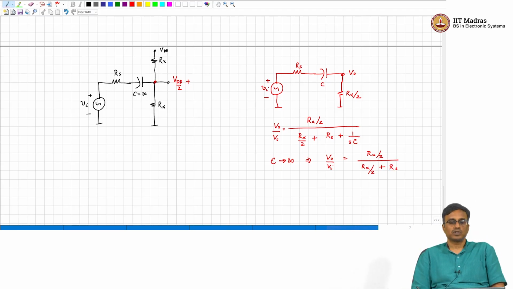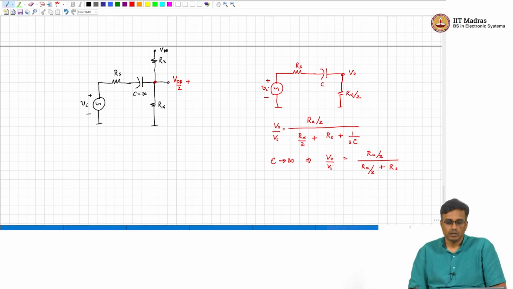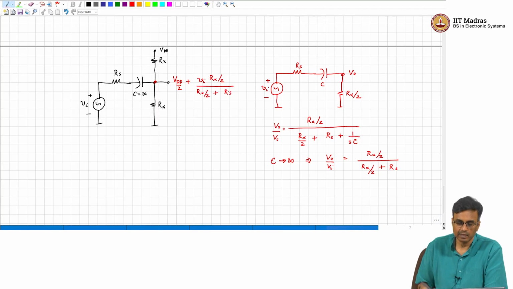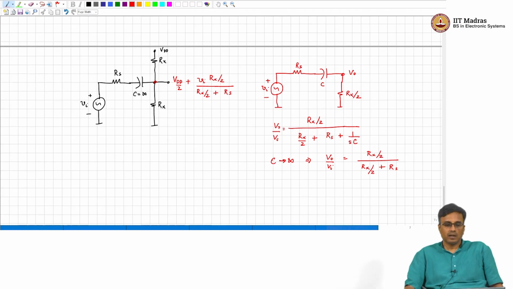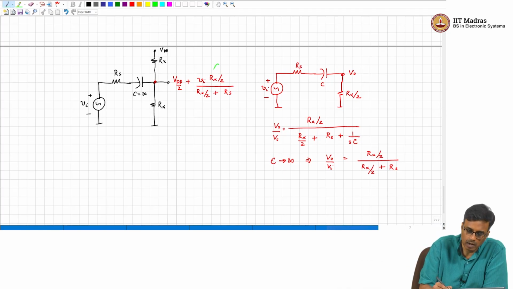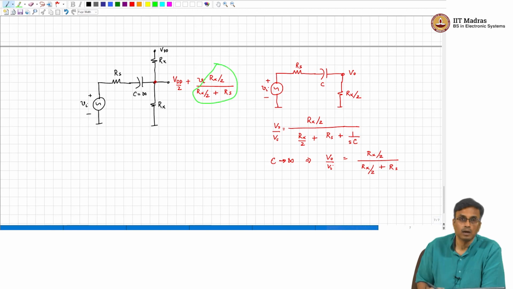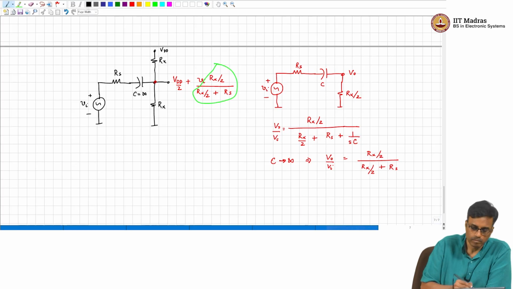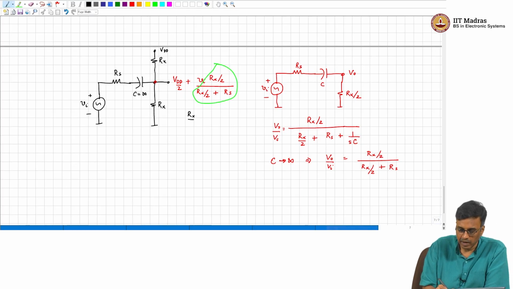So, how will we choose Rx therefore? So, basically with C infinity, this is nothing but Vi times Rx by 2 divided by Rx by 2 plus Rs. If we want this factor to be close to 1, what should we do? Rx by 2 must be much larger than Rs.